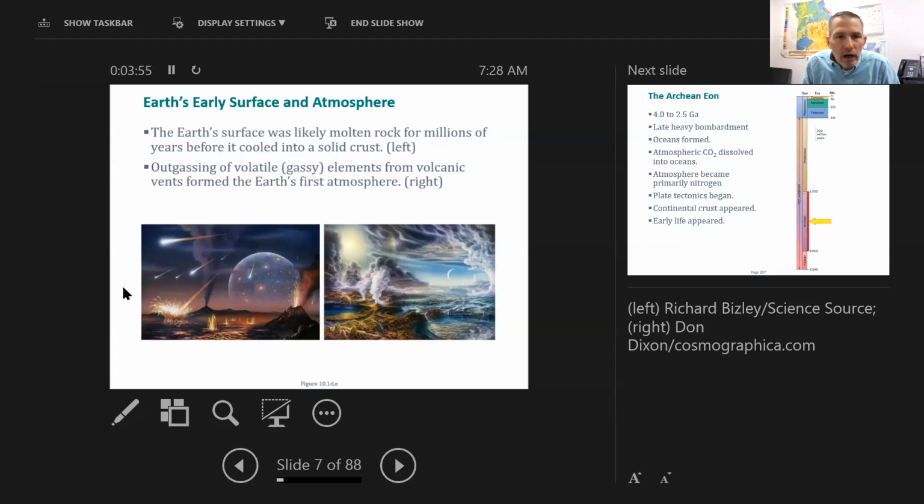During this time, here are some artist renditions of these molten materials, where lava would have been coming out all over the Earth's surface. Outgassing of carbon dioxide and sulfur dioxide would have been occurring, and there wouldn't have been any oxygen in the Earth's atmosphere at this time.